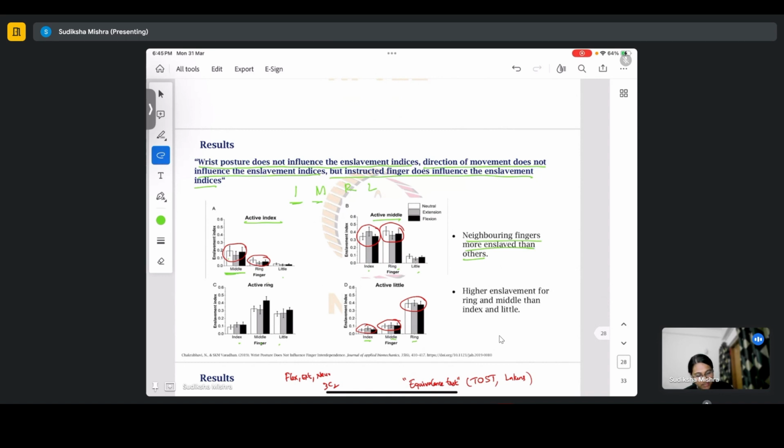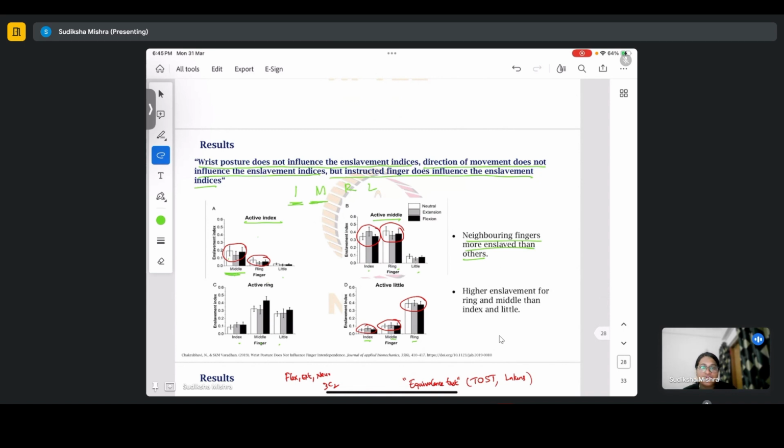Don't compare between an active index and an active middle condition. But if just the index finger was active in a single finger task, the middle finger is the one which has the highest enslavement index.